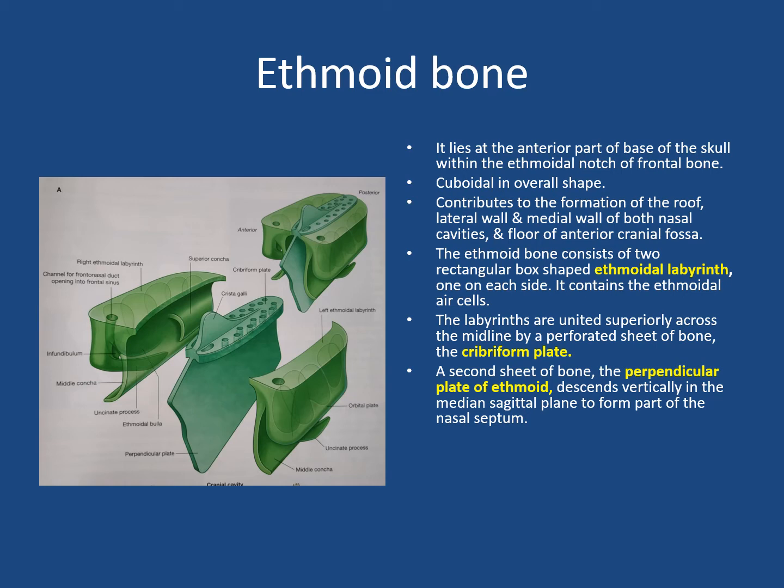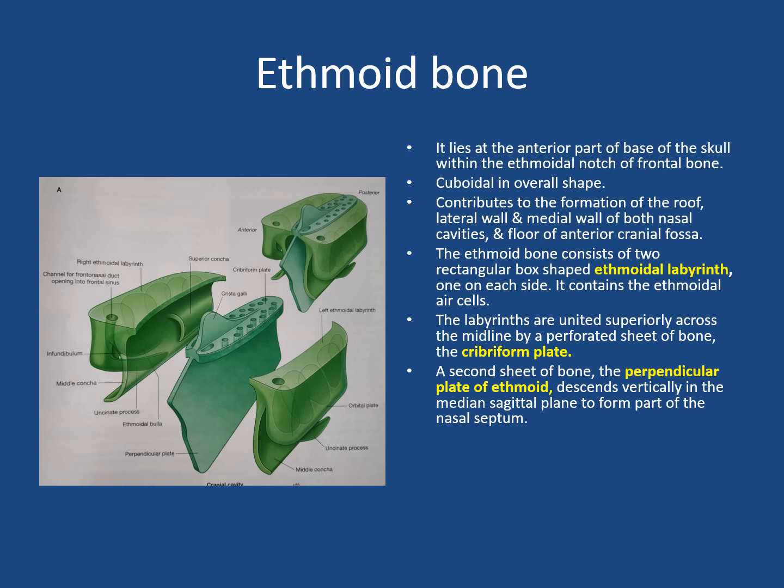This is the ethmoid bone shown in separate parts. The ethmoid bone, as you know, lies in the anterior part of the base of the skull within the ethmoid notch of the frontal bone. If you remember the frontal bone, between the two orbital plates there was the ethmoid notch where the ethmoid bone articulates.